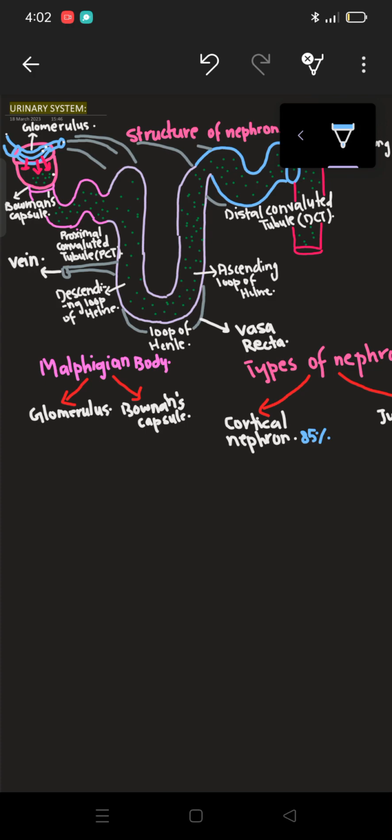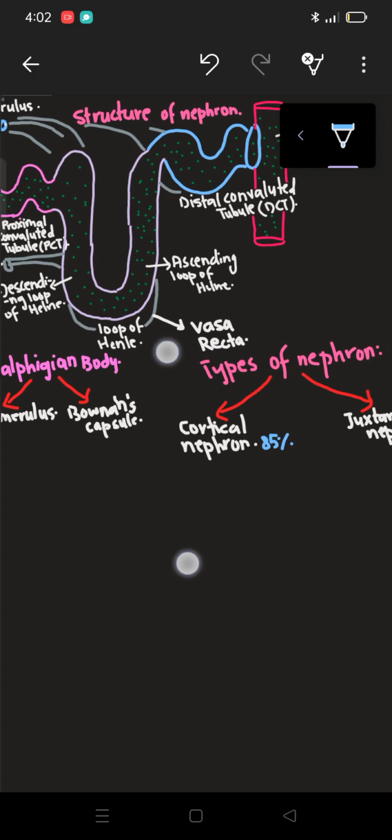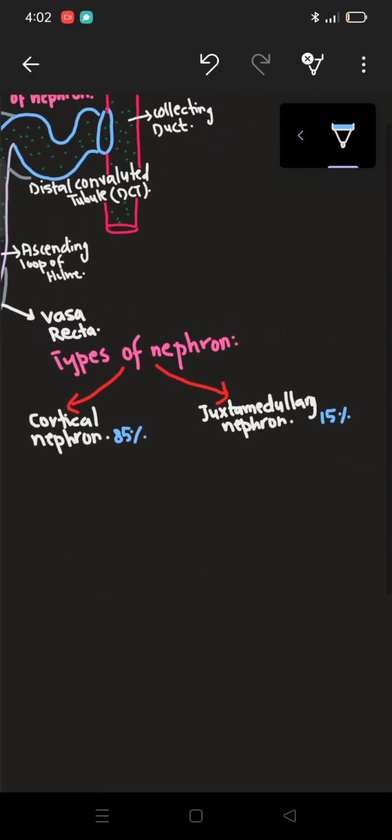So cortical nephrons are doing nothing special, but they are 85 percent, they are doing normal filtration. Alright, and juxtamedullary nephron controls the concentration of urine. Either it should be concentrated or diluted, so that is controlled by juxtamedullary nephron. So juxtamedullary nephrons are only 15% in our body.